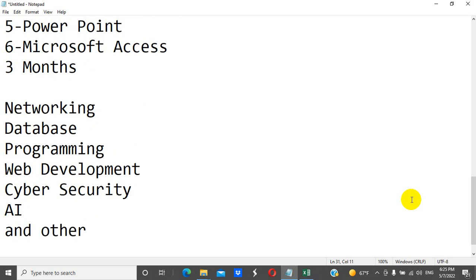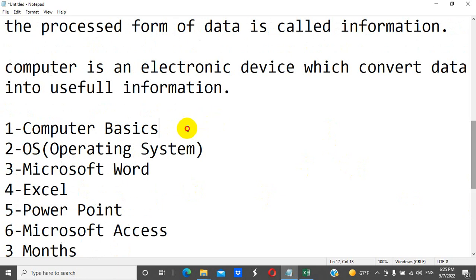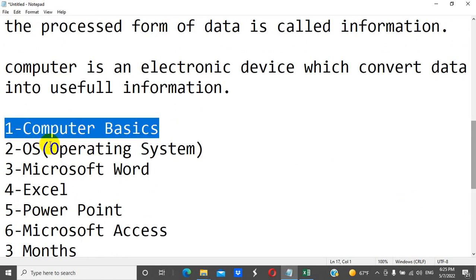I will make videos on all these fields of computer, and inshallah you will be able to learn more. I am working practically with you guys and will show you how you can work. So first of all, inshallah, we will continue from computer basics, and after that we will continue this curriculum.